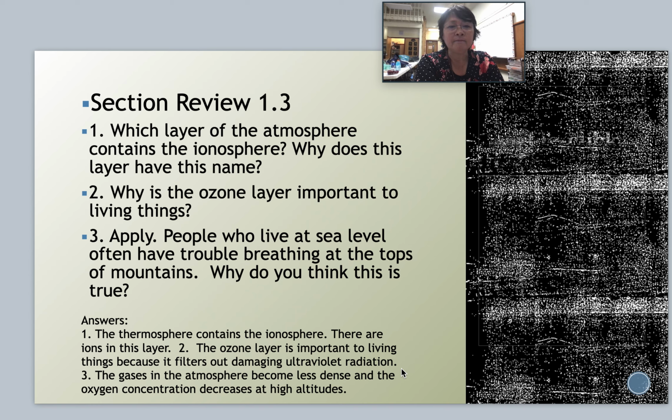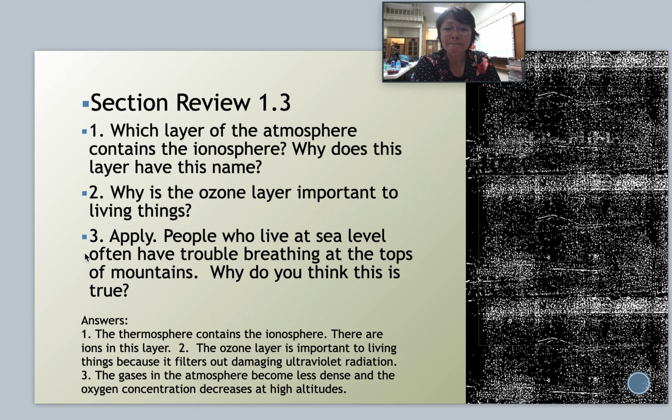And the way that the Earth has been created and the way that it is, the ozone layer outside of the surface of the Earth protects us from the radiation that could be very damaging to humans and to life on Earth in general.